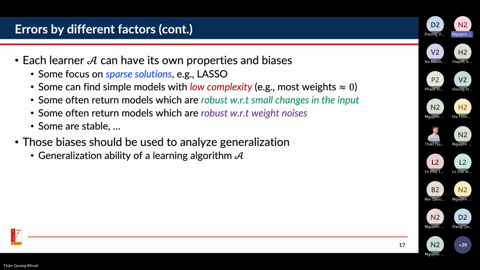Actually, the learner is something like gradient descent or stochastic gradient descent. It's just a way that we can find the parameters.